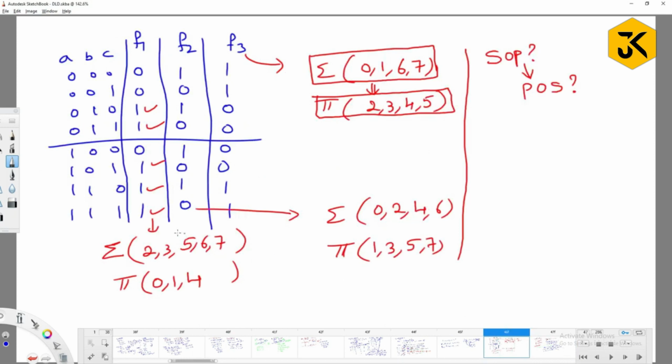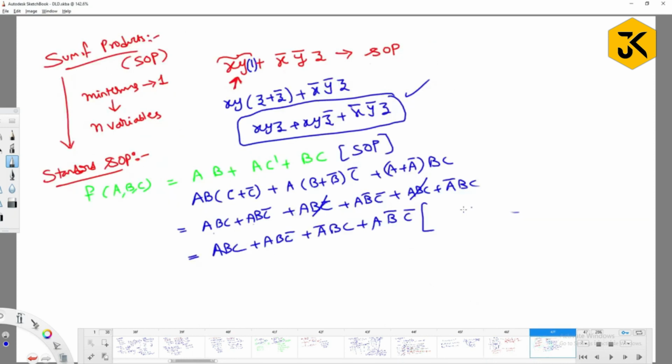What does ABC define? ABC defines 7. So I can write it as a summation; this is 7, I think. You can make 3 spaces. This is 7, and ABC bar is 110, which is 6.